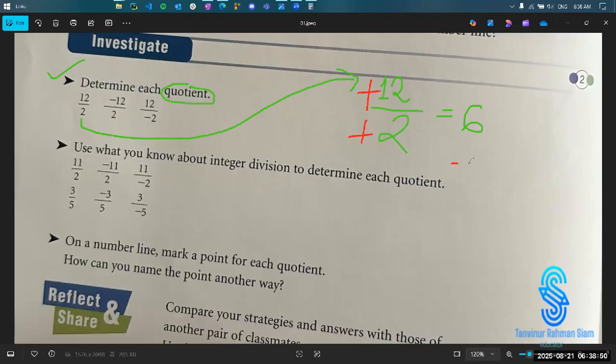So a positive number divided by a positive number gives a positive number in return. Got the point?